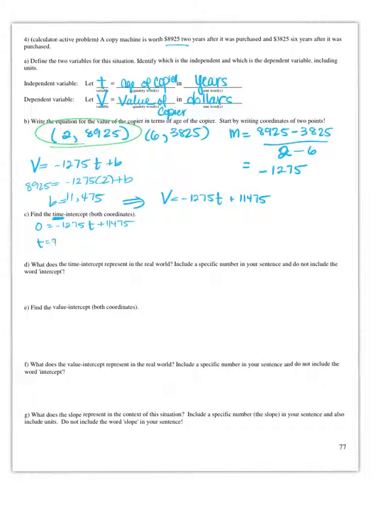Once we find t, we know that we'll have the ordered pair, that's (9, 0). So at 9 years old, the value of the copier is 0. So that's the sentence that we can then write interpreting the time intercept. 9 years after purchasing the copier, the value of the copier is $0.